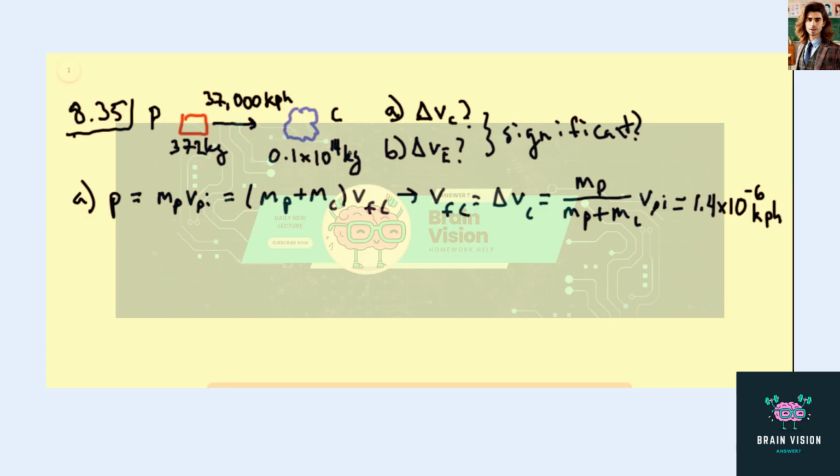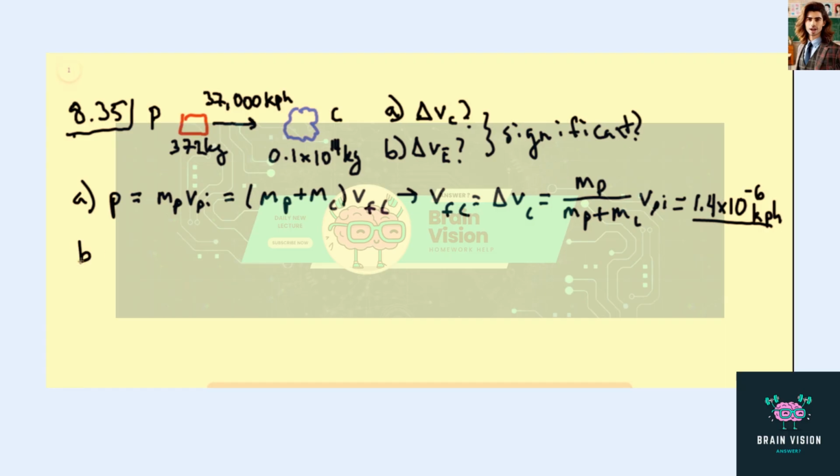So even though the probe is moving quite fast, its mass is 11 orders of magnitude smaller than the comet's. And so only about a millionth of a kilometer per hour is the change in speed that it produces. This is very small. You probably wouldn't be able to measure this very easily.